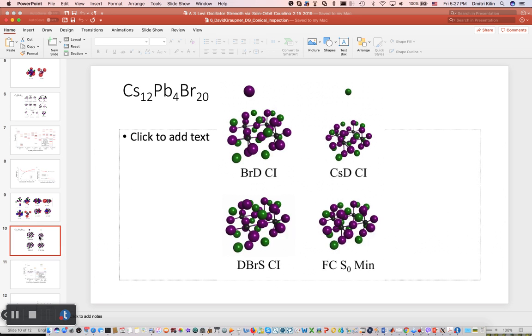So this is similar to the ones we had for the cluster particles. There are different nanoparticle models. We once again have a bromine dissociated, a cesium dissociated, and a stretching distortion molecule.